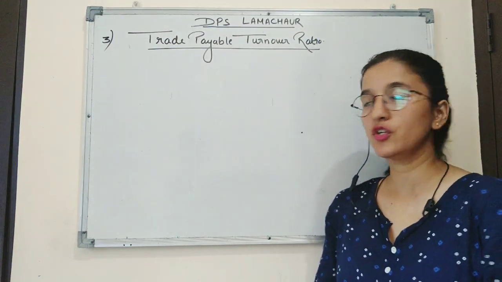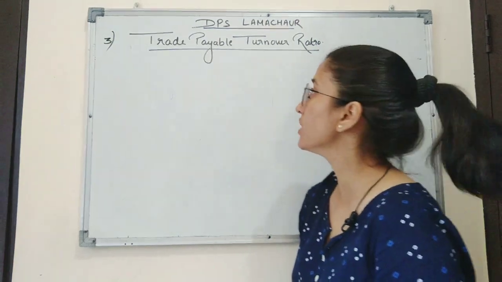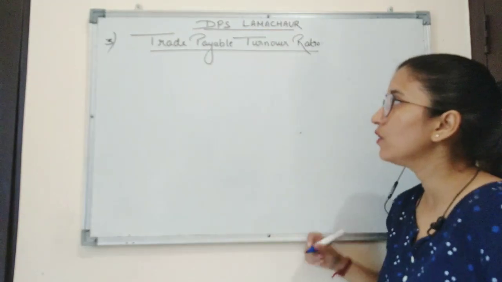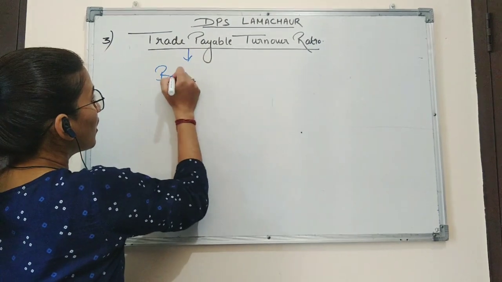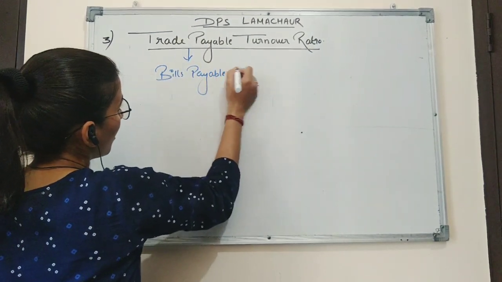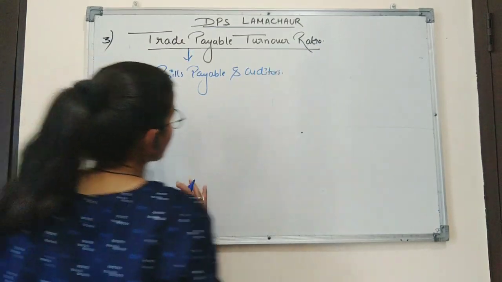Today in this session, we'll be learning about the third type of turnover ratio, which is the trade payables turnover ratio. As we know, trade payables include bills payable and creditors.